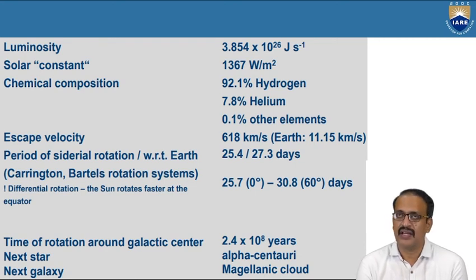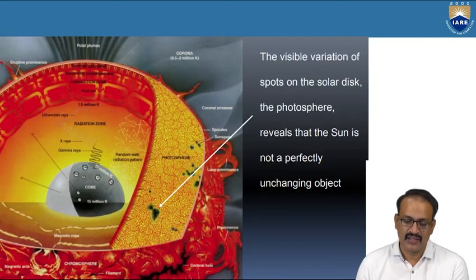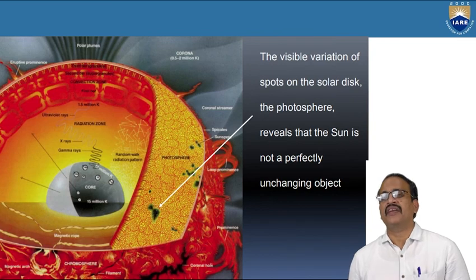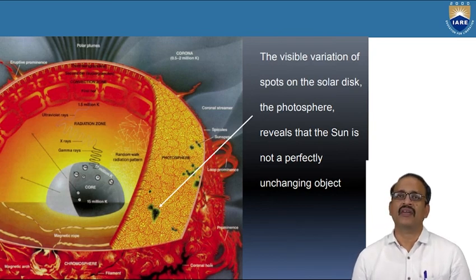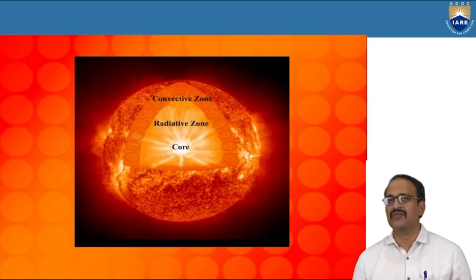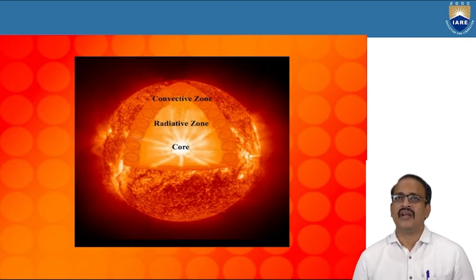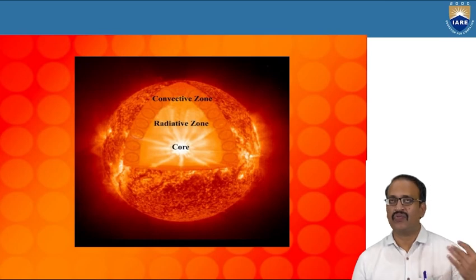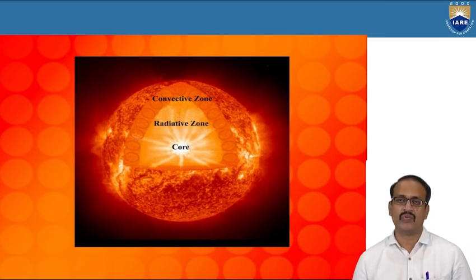These are the details, and we'll see the different layers: gamma rays, alpha particles, and magnetic ropes, all these things. Basically, we divide it into three zones: the core, the radiative zone and the convective zone.